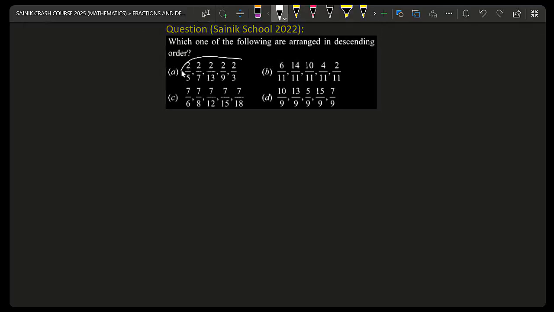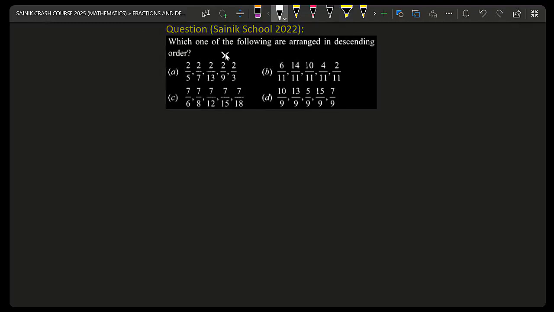So look at option A. Why is this wrong? Sir, first we should have 2 by 3. Okay, but it is not there. So option A is wrong. What about option B? In option B, are numerators equal or denominators equal? Denominators are equal.